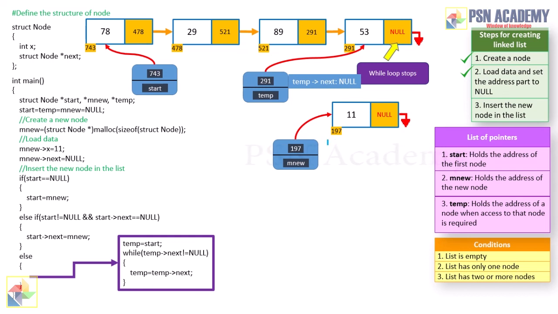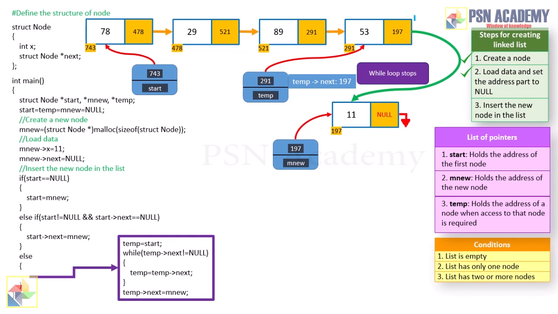This 197 is there with mnew. So if you write temp next equal to mnew, that means this null will be replaced with 197 and your new node will be added as the last node in the list. So all the steps are over and we have created a linked list.